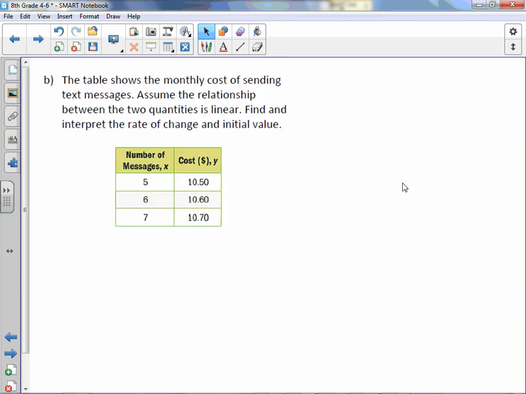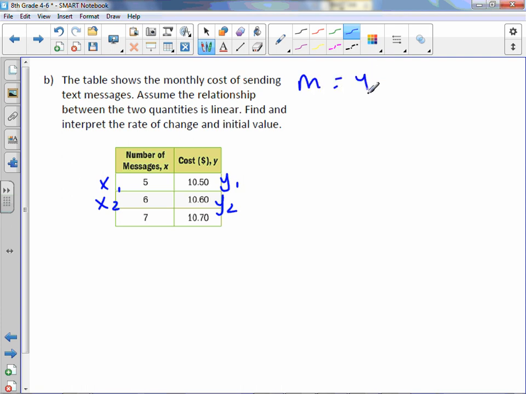Letter B. The table shows the monthly cost of sending text messages. Assume the relationship between the two quantities is linear. Find and interpret the rate of change and initial value. So x1, y1, x2, y2. Start with your slope. y2 minus y1 over x2 minus x1.